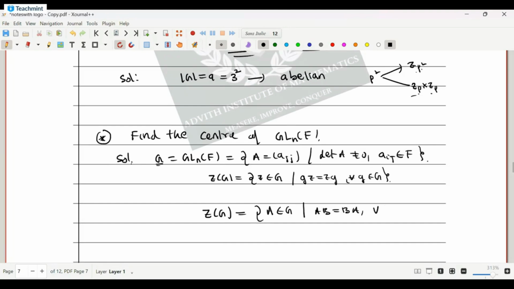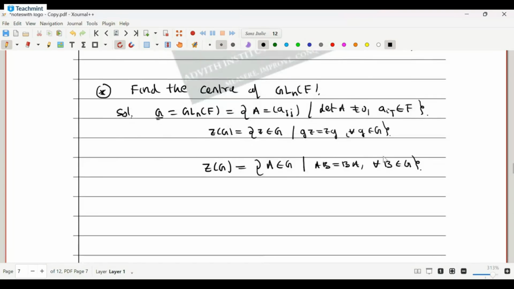This is true for every matrix B belonging to the general linear group, where A and B are invertible matrices, that is, determinant not equal to 0. So AB equals BA. So for an element of G to commute, A should be a scalar matrix. The scalar matrix commutes with every invertible matrix.